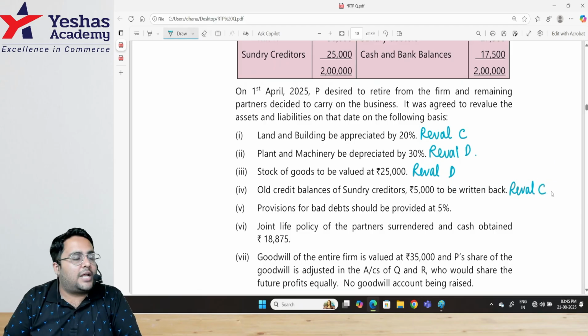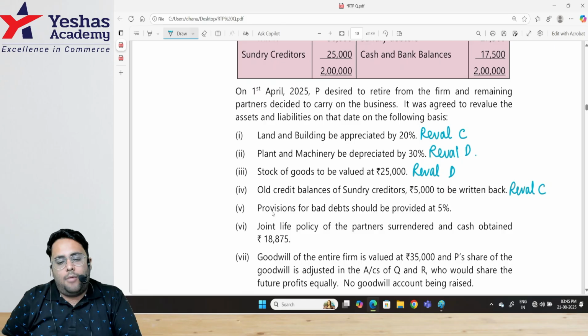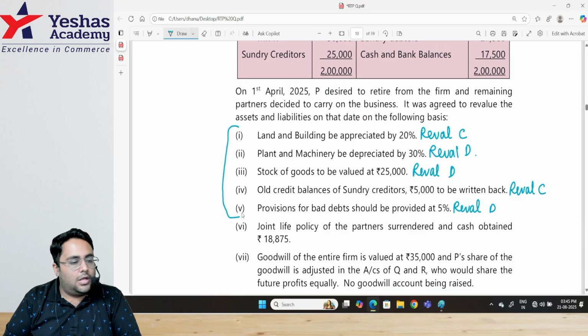Your value of sundry creditors is going down. Written back, written off means the same. Provision for bad debts provided at 5%. Revaluation account, debit side. Point number 1 to 5 talking about revaluation.